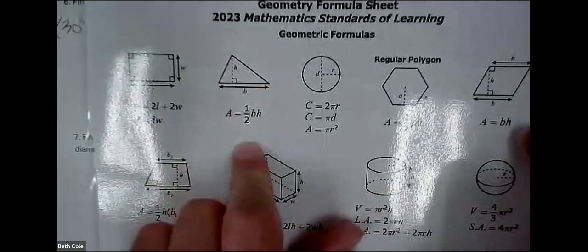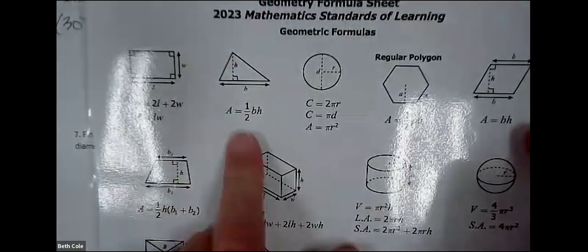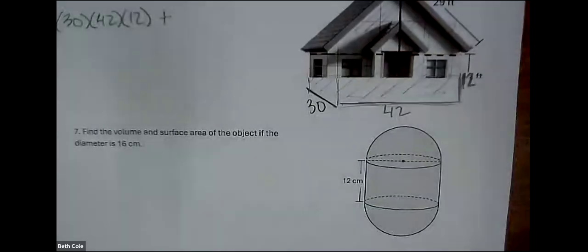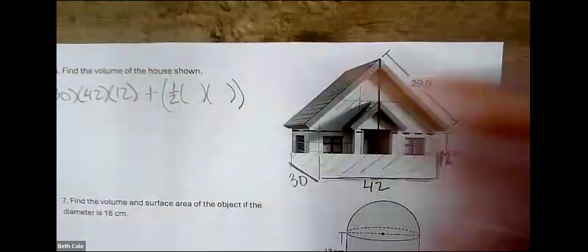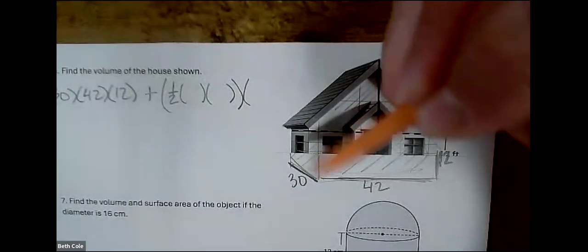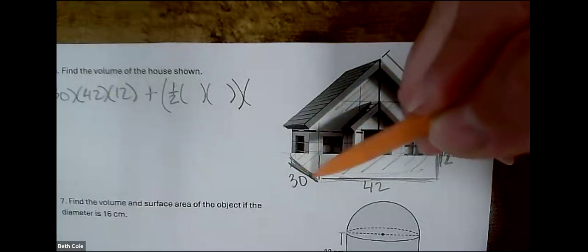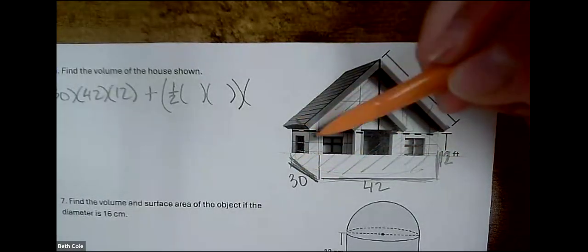The area is 1/2 base times height. We're going to multiply that by this dimension of the house, 30, how far back it goes.